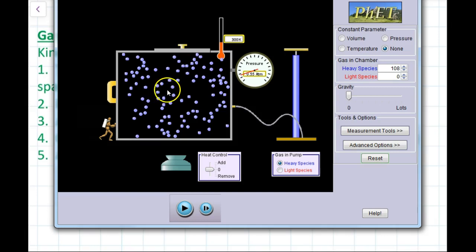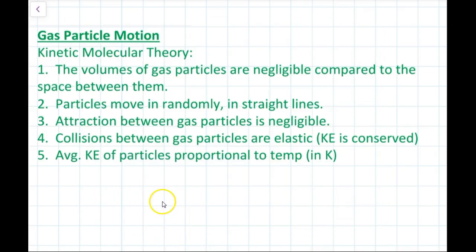In real gases, for a gas particle this big, represented by this little sphere, your container would have to be thousands of times larger. But that's an important trait to understand about gases. They are much, much smaller in volume than the space between them, which makes them so easy to compress, in other words, to make their volume smaller.